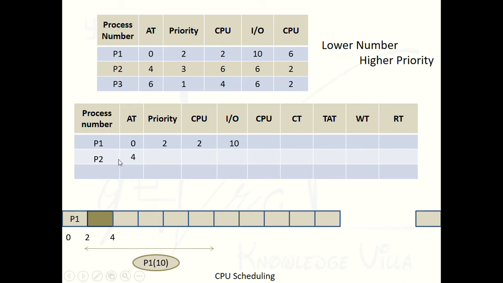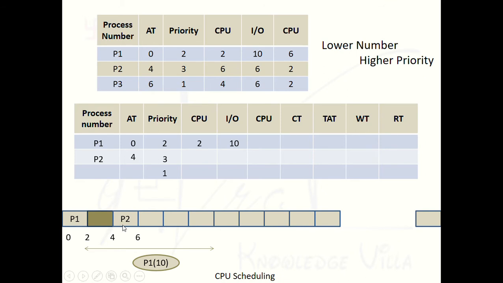Done. So P2 will use the CPU for 6 time units, but we can't allot the CPU for the entire 6 time units, because after the arrival of P3 we will check the priorities of P2 and P3. So we will allocate the CPU to process P2 only up to time unit 6, because at time unit 6 one more process is arriving, and that is process P3, and P3 has a lower priority number, and we have taken lower number as higher priority.